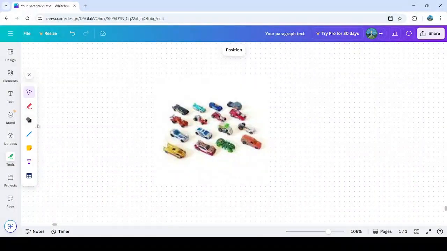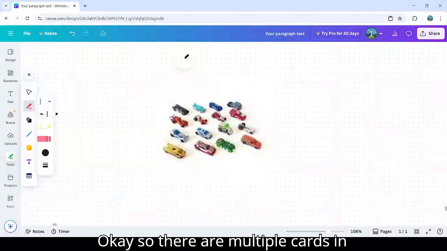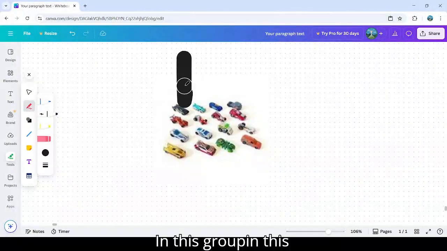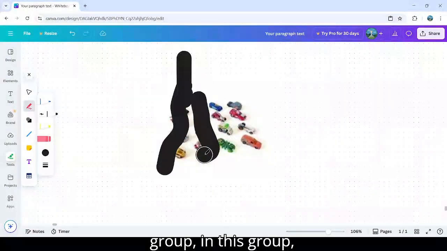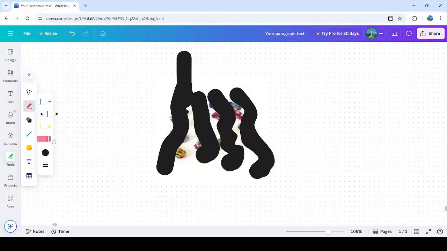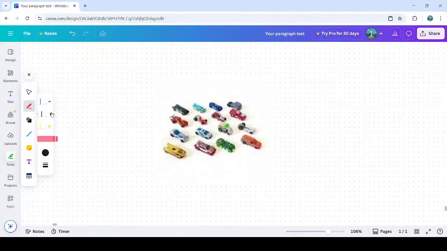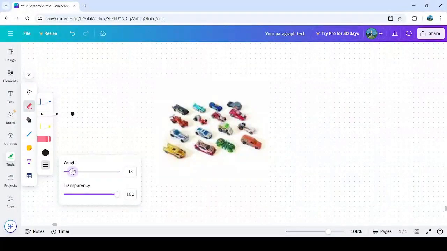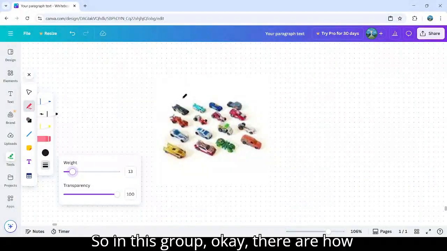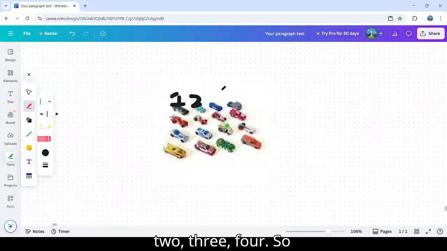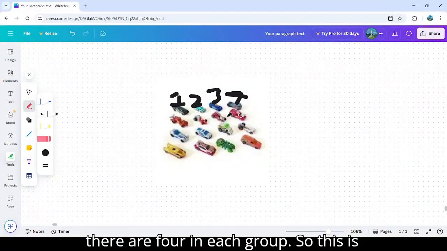Okay, so there are multiple cards in this photo, in this group, in this group, in this group, and in this group. So in this group, how many cards are here? 1, 2, 3, 4. So there are 4 in each group.